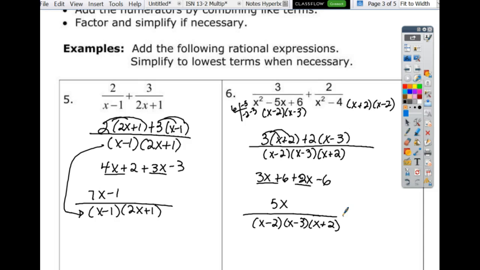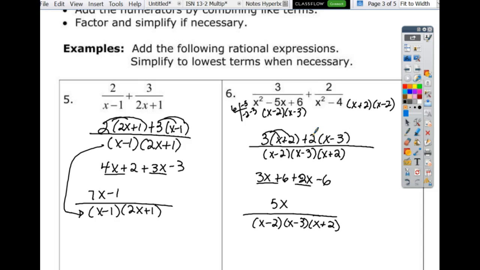Because it's the 2, and that's what's missing underneath here. So the 6 is canceled, and it leaves me with 5x. So I'm going to write the 2 down, right?